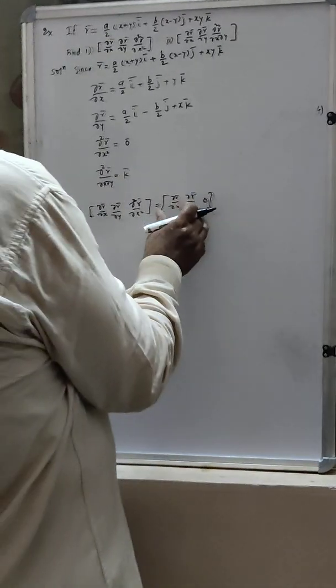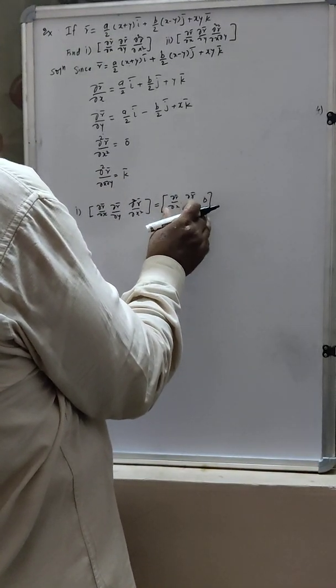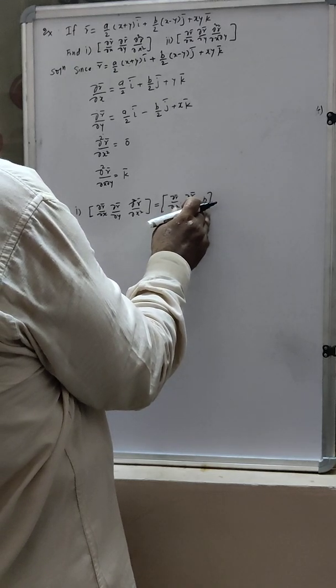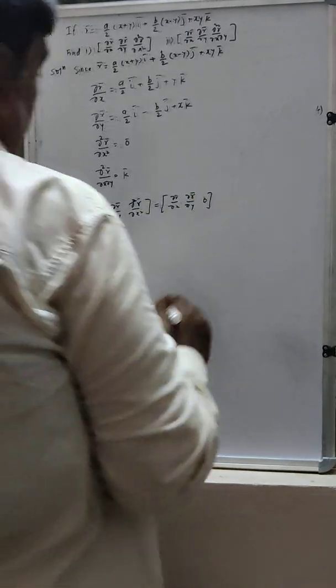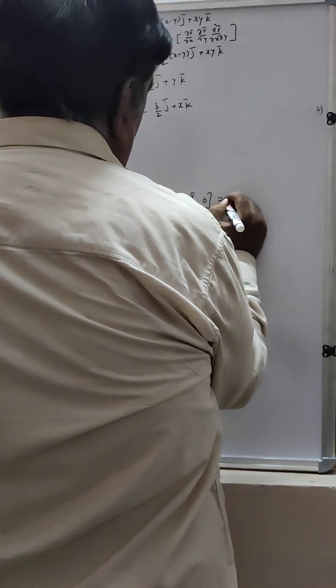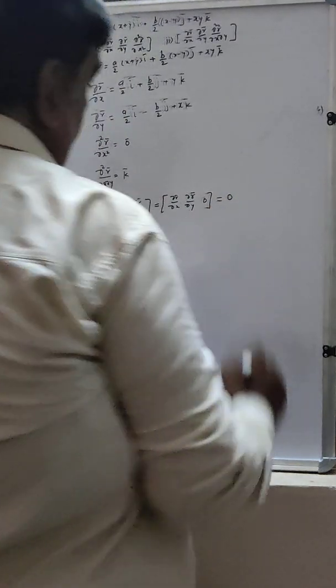This is the determinant in which the last row is 0. Therefore, the value of the scalar triple product becomes 0.